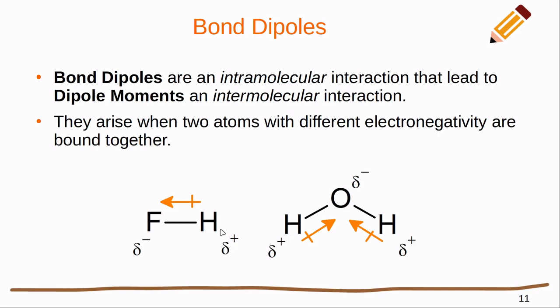So in our simplest example, where we just have two atoms with hydrofluoric acid, we have less electronegative hydrogen and more electronegative fluorine. Electrons are going to be drawn now not just across an atom, but across a bond.